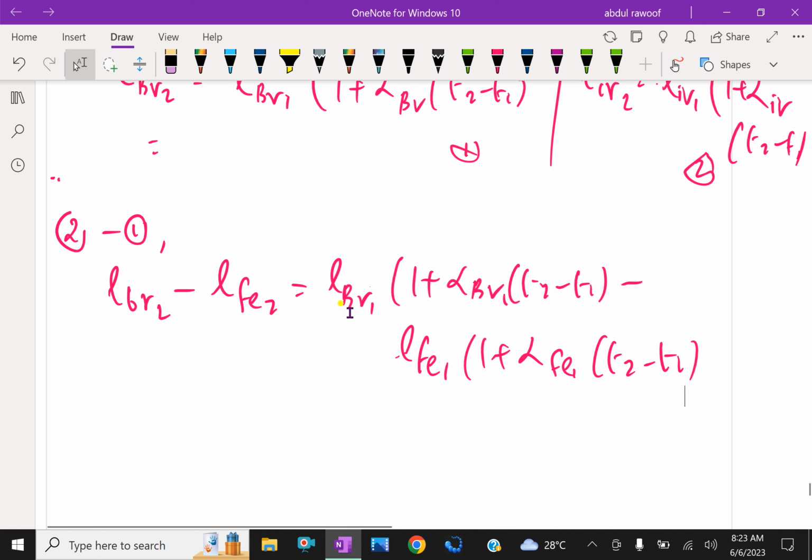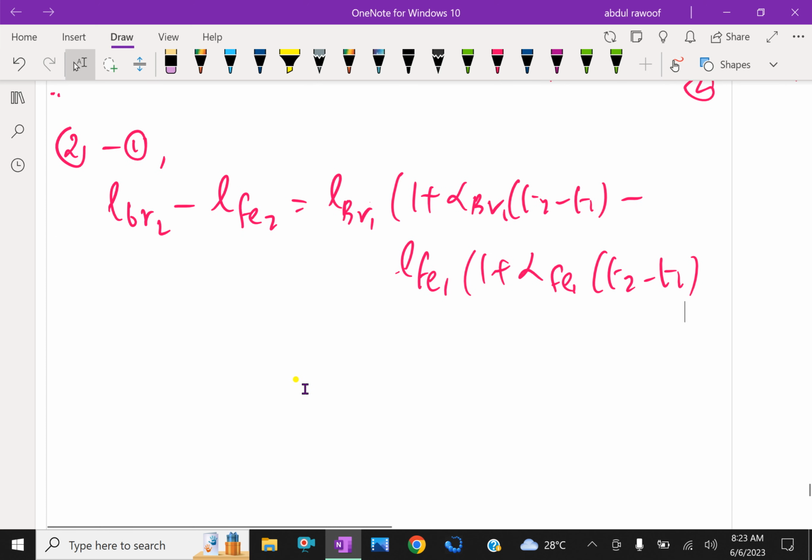Look at here, initially both are the same. LBR1 and LFe1 are 1 meter. So we can use it.